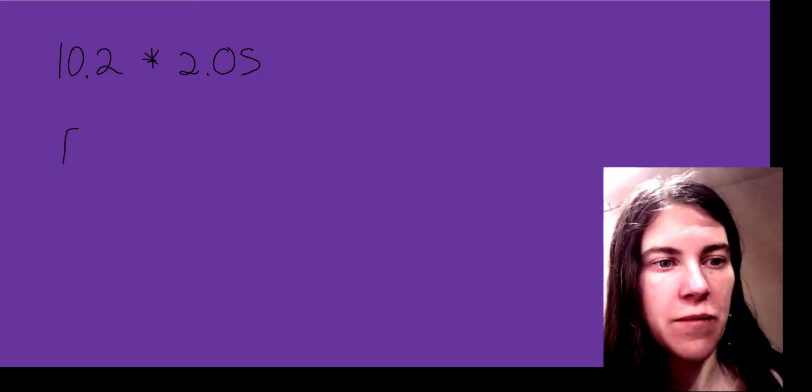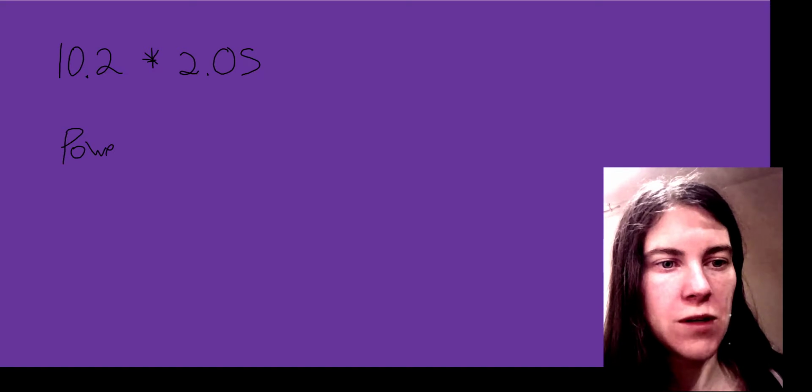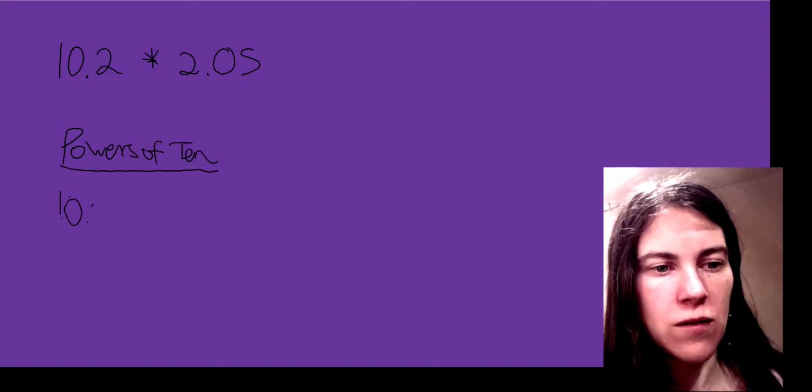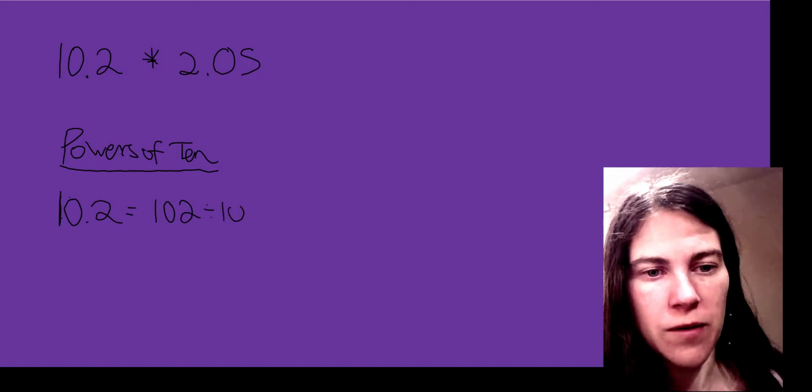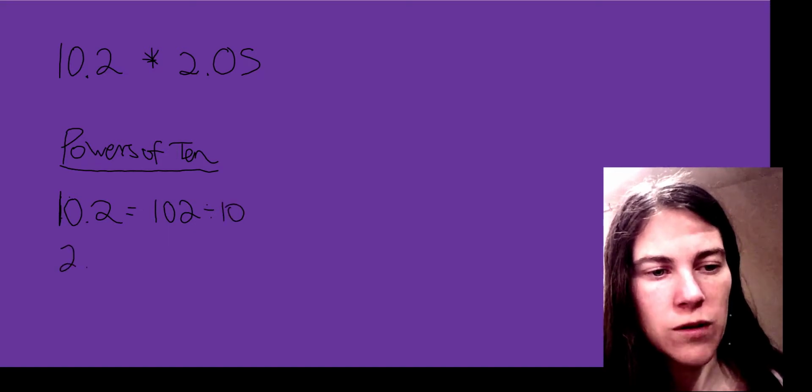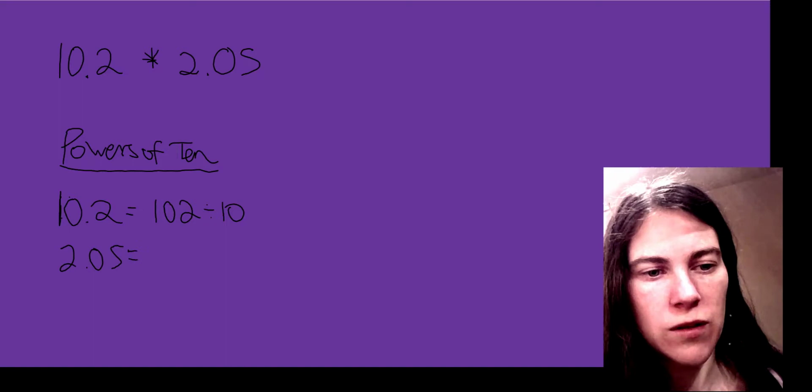Let's see. Try a powers of 10 way first. 10 and 2 tenths is the same thing as 102 divided by 10. 2 and 5/100ths is the same thing as 205 divided by 100.